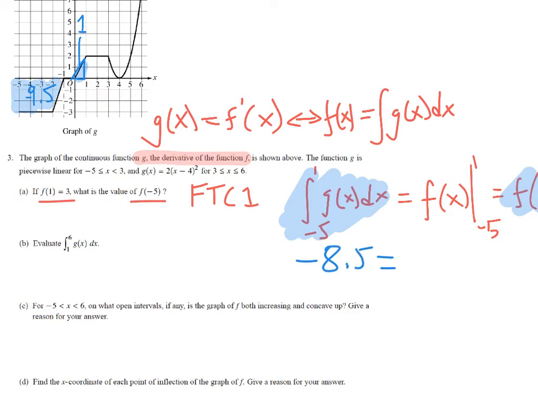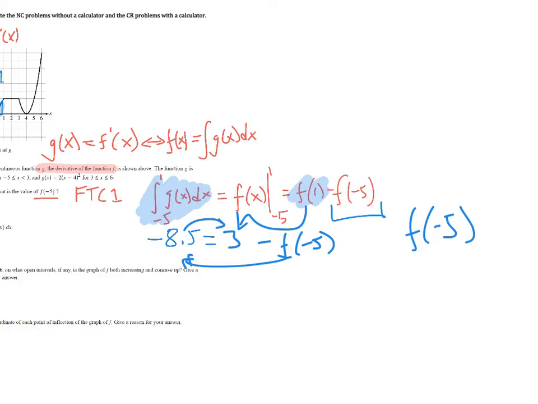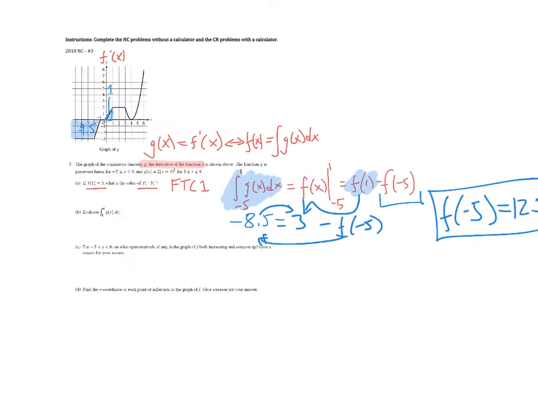We also know f of 1. So f of 1 is 3. That was told to us. And we don't know f of negative 5. If we add f of negative 5 to both sides and add this guy over here, we find out that f of negative 5 is 12.5, or 25 halves.